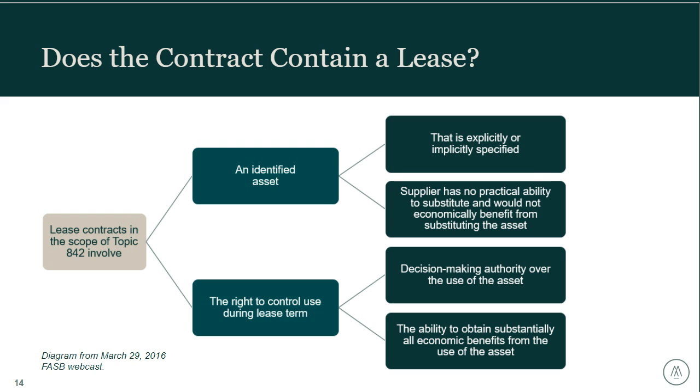So let's dive into a little bit more on the identified asset. This really gets into whether there's an explicitly or implicitly specified asset that you can point back to. A great example is when you have a purchase power agreement with a wind farm, and that wind farm is specified, absolutely. But probably the key distinction that you need to spend time on, especially on PPAs, if you do have an identified asset, is the substitution right. Does the supplier have any practical ability to substitute? And it has to not be economically beneficial for them to substitute that asset.